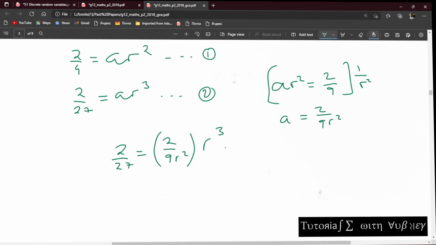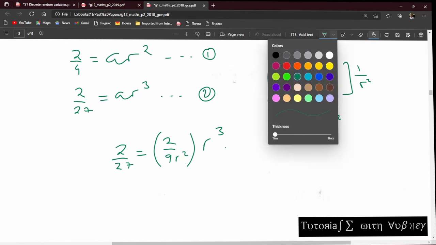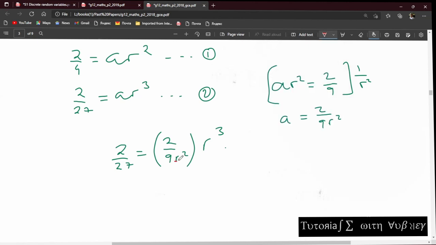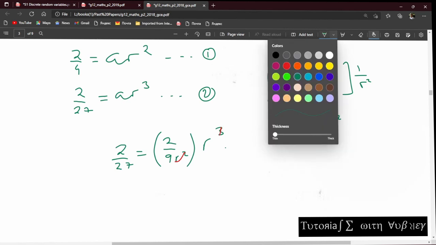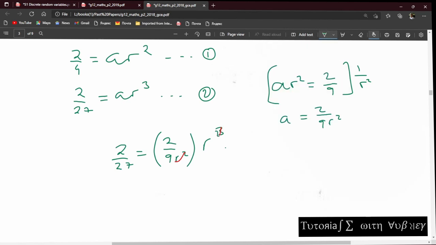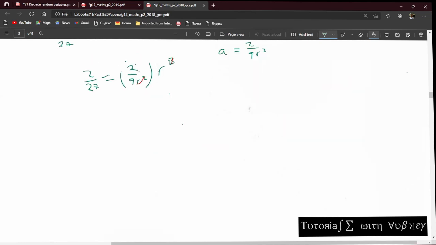We see that the r squared there cancels out with the r cubed, so r cancels out. Then here we cancel out the 3. We're going to remain with a 2.